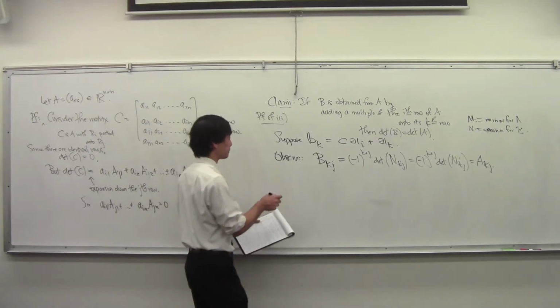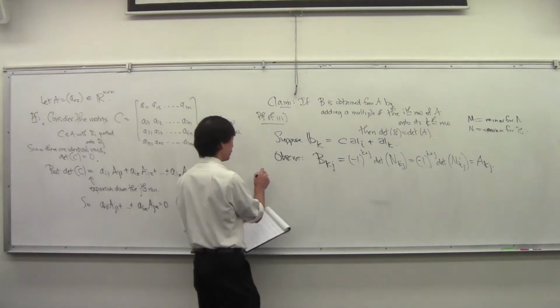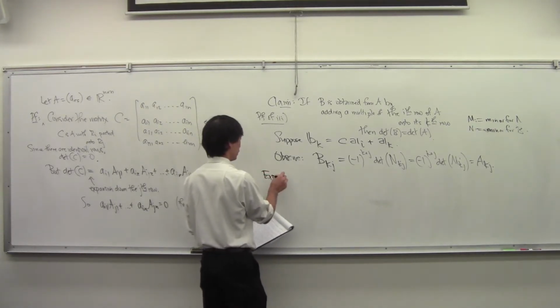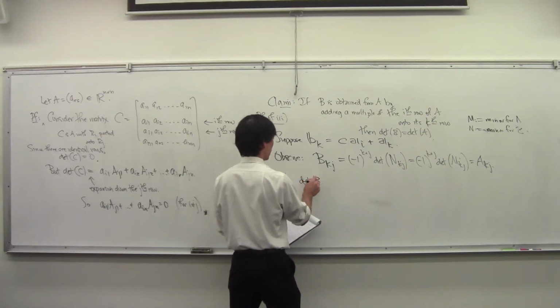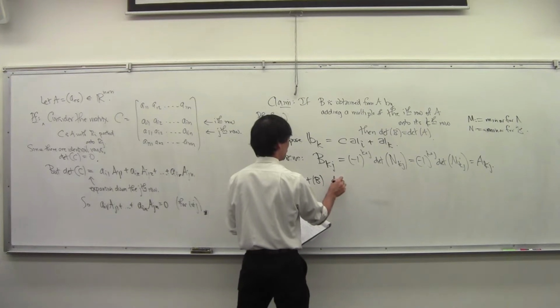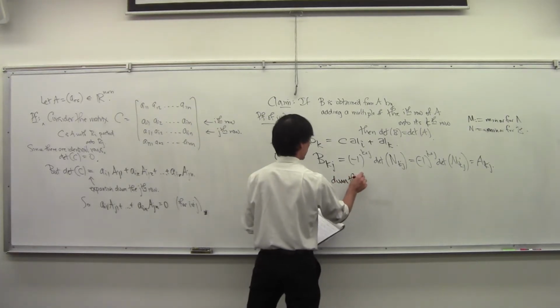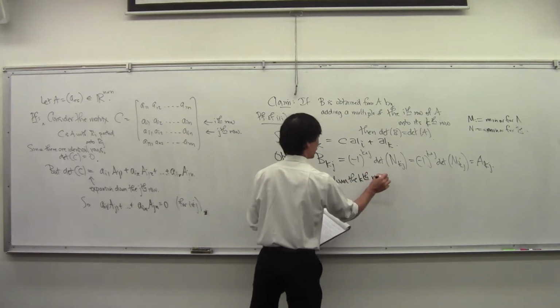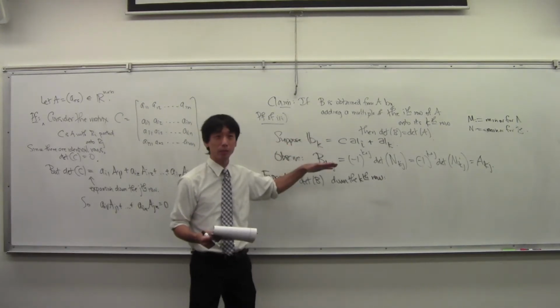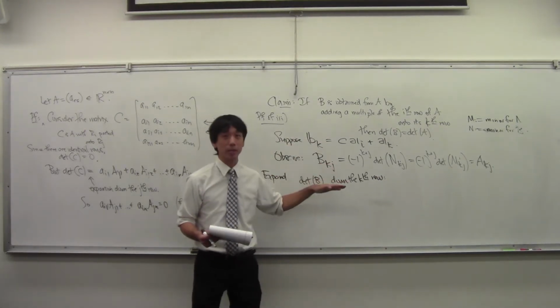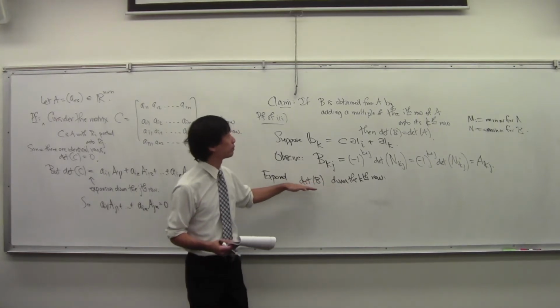Okay. So, what are we going to do? We expand the determinant of B down the kth row, just like we did last time. We're going to take the expansion down that row.